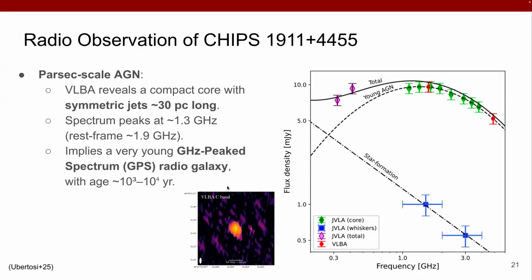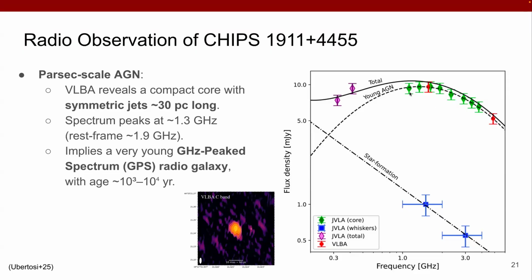And what they think they see is that this also has a really weird shape in the radio spectrum. Typically a radio spectrum should be a power law, right? So a power law should go all the way up like this. But this AGN actually has a turnover, and the turnover happens at about 1 gigahertz. So we call this a GPS object, or gigahertz peaked spectrum.